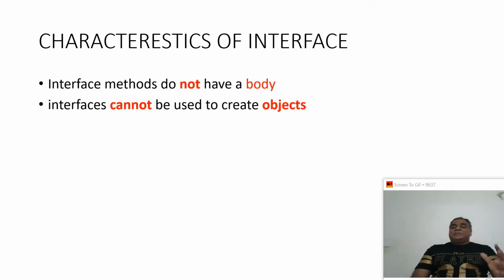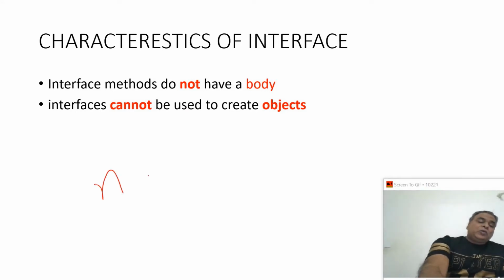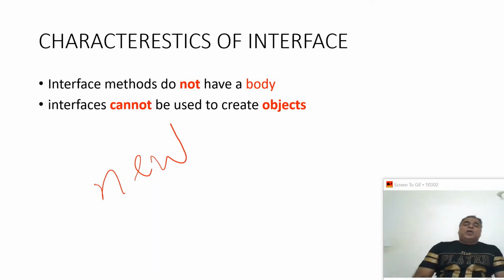In the interface, the methods do not have a body, so it is implemented by the developer. We can create an object of a class by using the new operator, but an interface cannot be used to create objects. You need to understand, interface cannot be used to create objects.